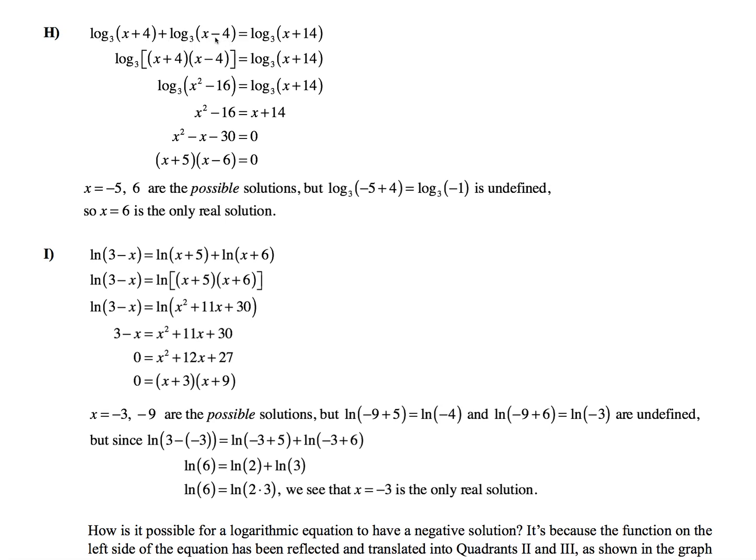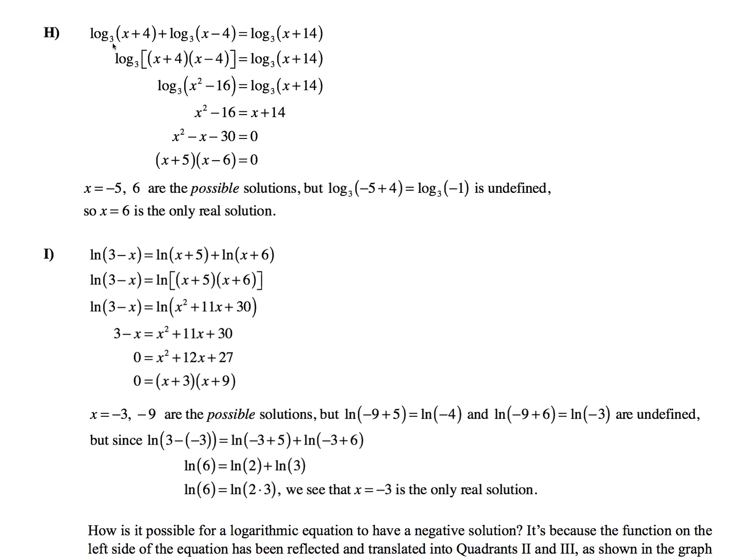X plus 4 times x minus 4 is the difference of two squares, x squared minus 16. So we have log base 3 of x squared minus 16 on the left side and log base 3 of x plus 14 on the right side. Well, we can drop the logarithms using the uniqueness property of logarithms, and that will give us x squared minus 16 equals x plus 14.